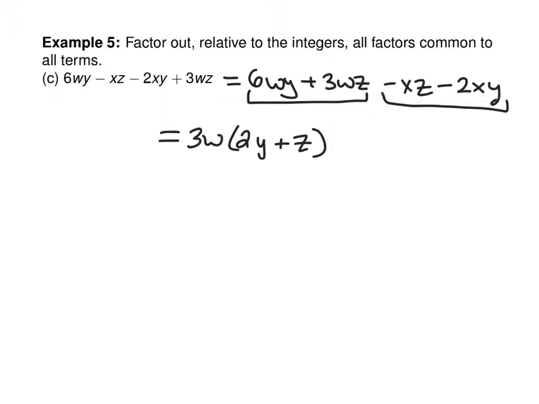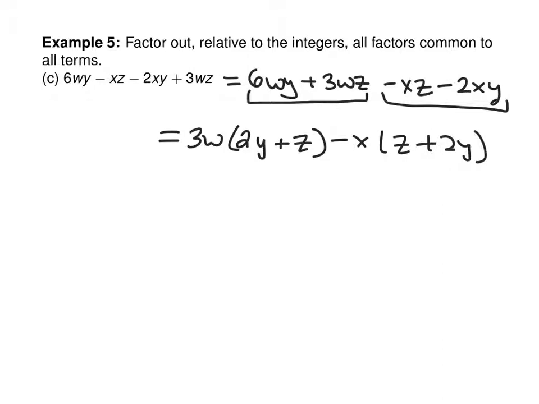Okay. Now the next two, it's actually good I did it this way because it makes it a little bit trickier and it's good to explain what happens. They obviously have an x in common, right? What else do they have in common? Negative 1. Exactly. So let's take out negative x, which makes it z plus 2y. Is everyone okay with that?